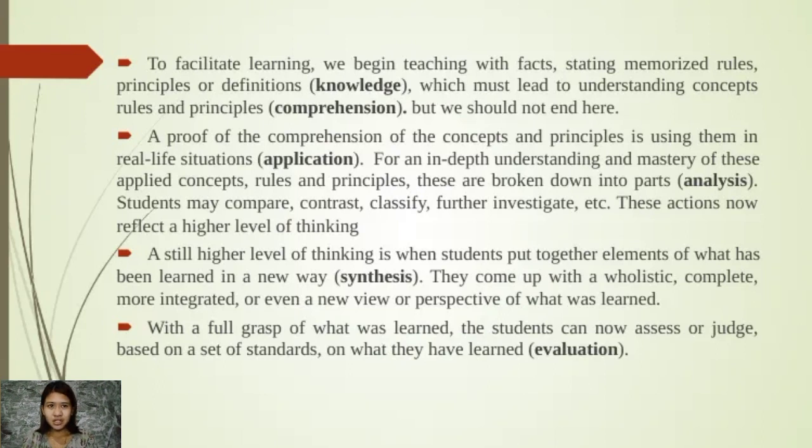And the synthesis, what has been learned in a new way, while the evaluation is on how they assess situations and what they have learned. Okay, so let's get to learn further about the six levels to promote higher order thinking.